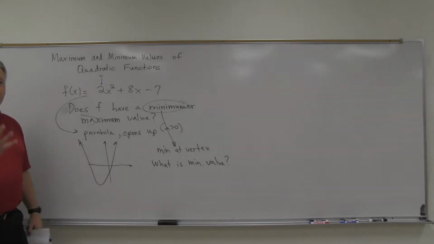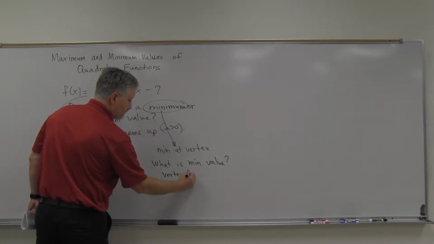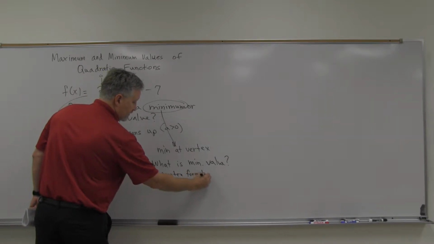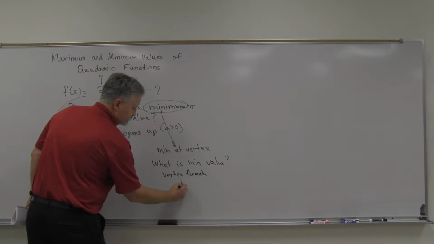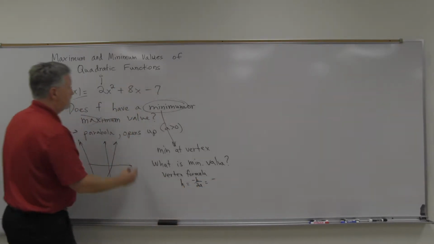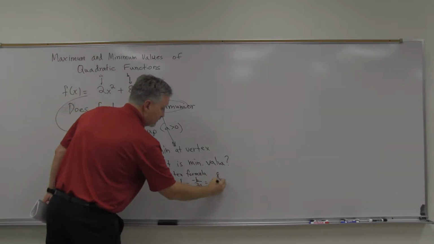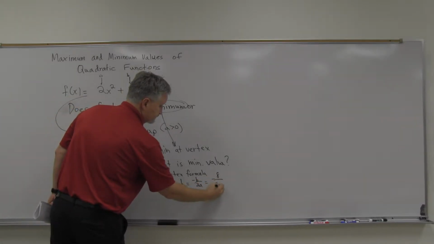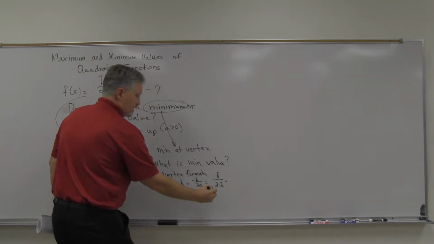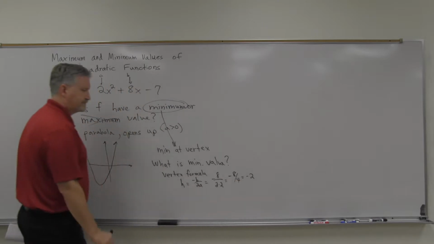So use that vertex formula. Yeah, so the vertex formula tells me h equals negative b over 2a. So we've got the a, here's the b is 8, so it'll be negative 8 over 2 times 2. So that's negative 8 over 4, which is negative 2.